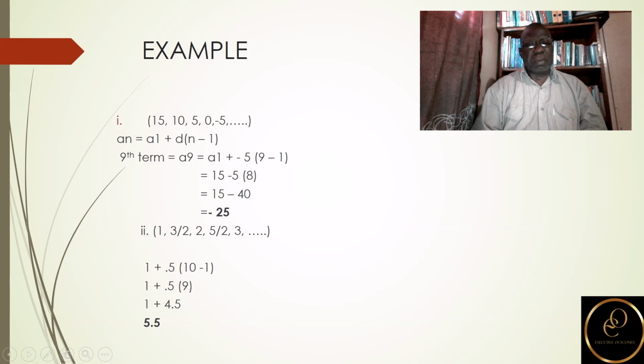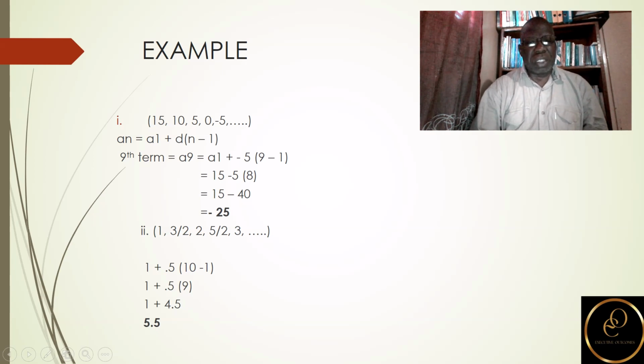The first term, which is A1, in this case is 1, and then the common difference. How do you get the common difference? You look at two subsequent numbers in the series, then subtract the first one from the next one in that particular order.